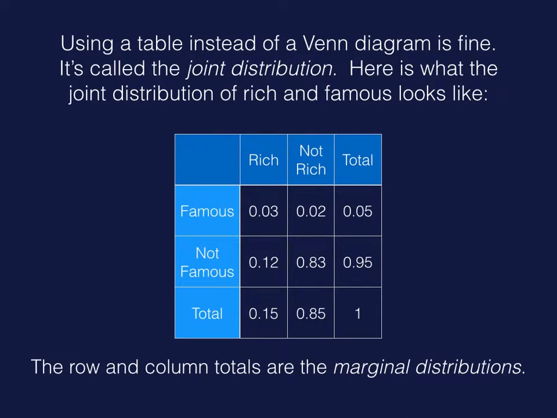They are technically in the Venn diagram, but you kind of have to think about the entire area of each circle, because the probability of famous is 5%. That's the total area of that circle. But here it's represented as a nice column total. So this is just another way that we can write the numbers. Sometimes this might be an easier way to approach a problem.